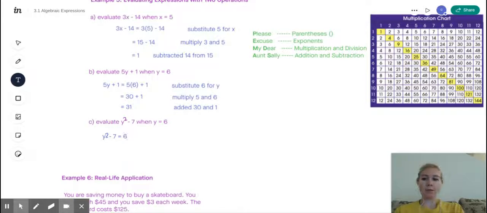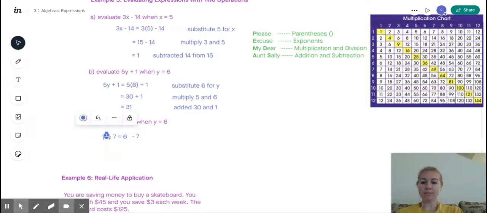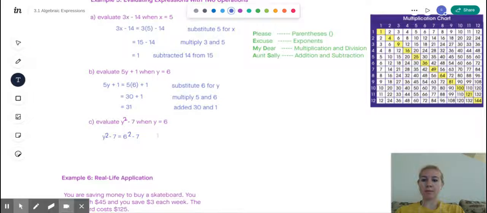So it's going to be 6 squared minus 7. Get my little exponent there. Okay, so the first thing I did is I substituted 6 for y.